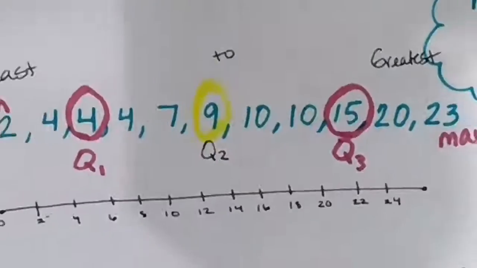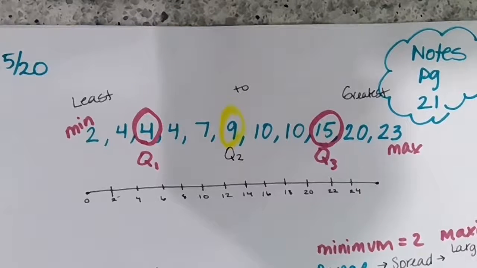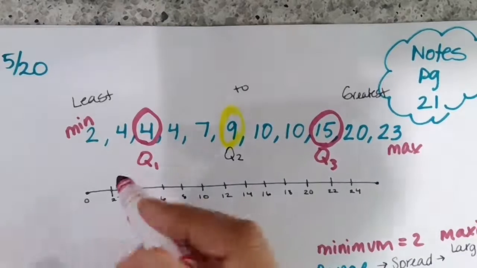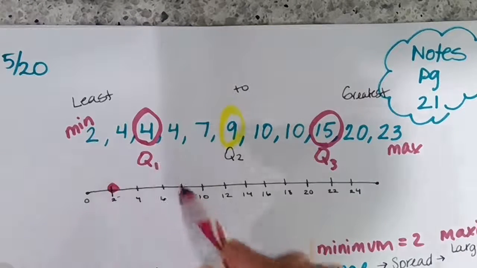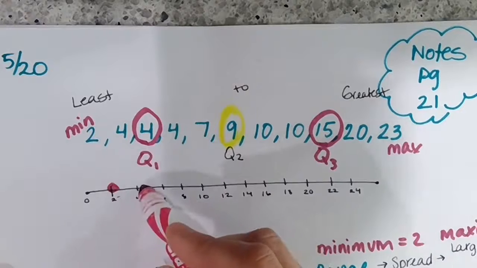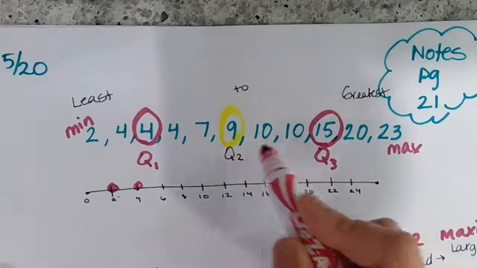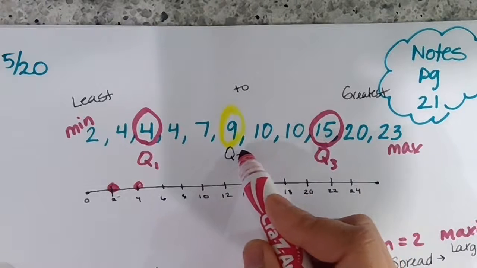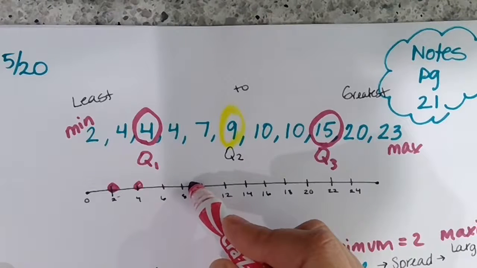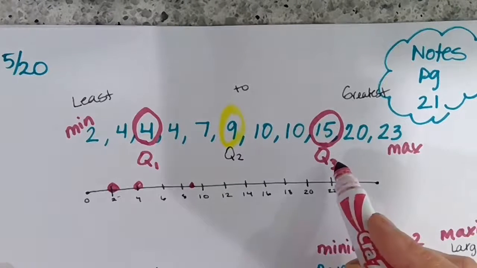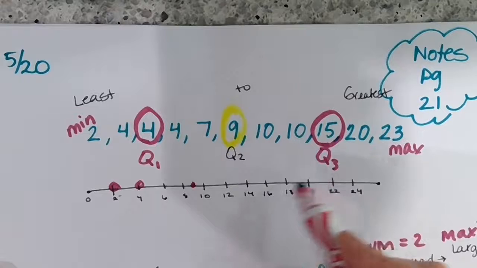Okay, so now I made my scale. And I'm going to label all of these points. So my minimum is at 2. Quartile 1 is at 4. Quartile 2 is at 9, so it's somewhere right there. Quartile 3 is at 15.